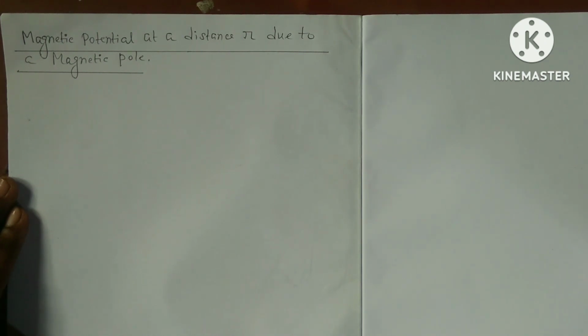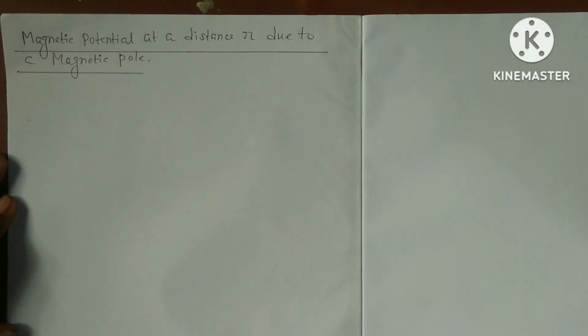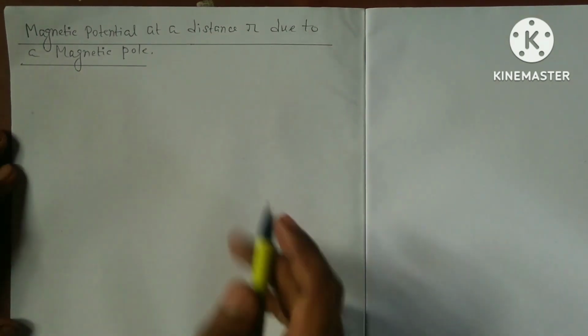between V and R. First, we have to draw a diagram.